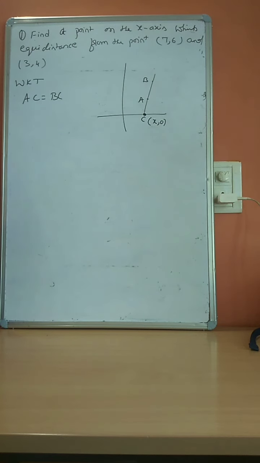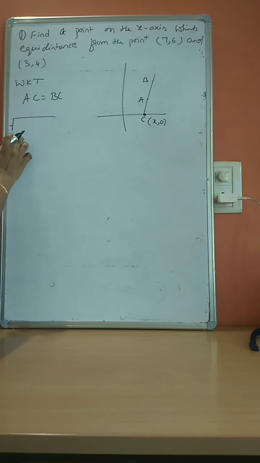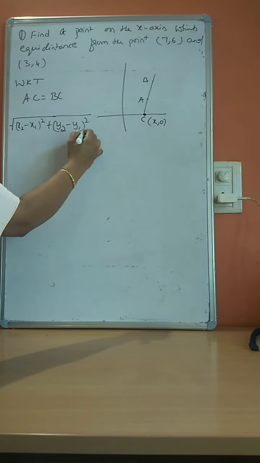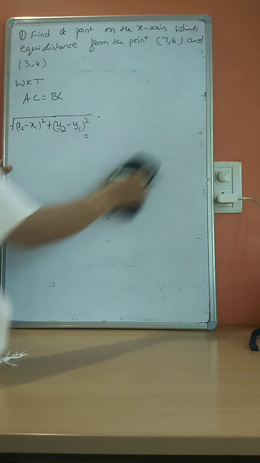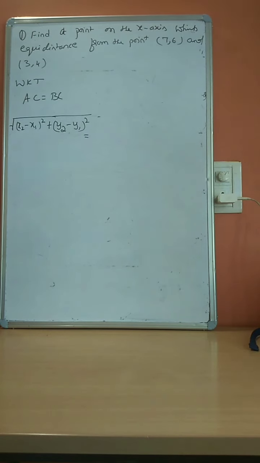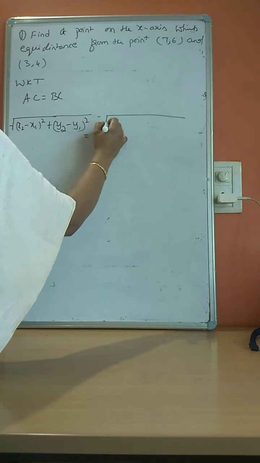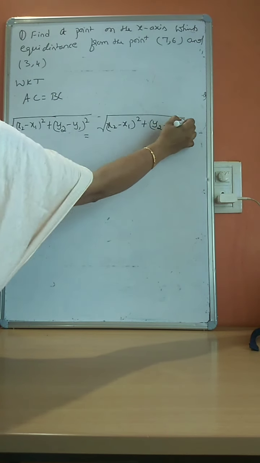Okay, AC must be equal to BC ಆಯಿತು ಅಂದರೆ that is, what is the distance formula? We are going to equidistance ಅಂತ ಹೇಳಿದರೆ we are going to take the distance formula. AC must be equal to BC, that is root of x2 minus x1 whole square plus y2 minus y1 whole square must be equal to same formula, root of x2 minus x1 whole square plus y2 minus y1 whole square.